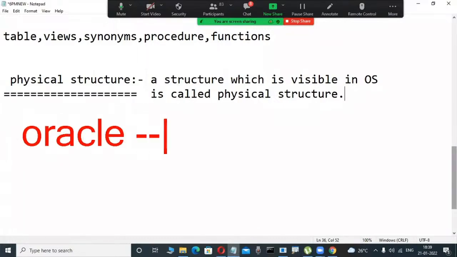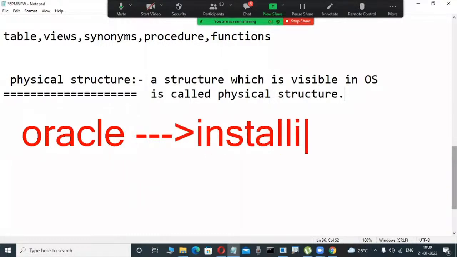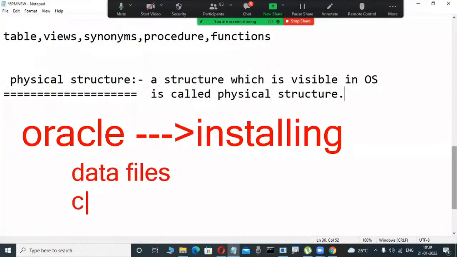MySQL, SQL Server, we are installing, for example. Whenever I'm installing Oracle, automatically some physical files are created. Some physical files called data files are created, .dbf files. Control files are created, and also redo log files are created.